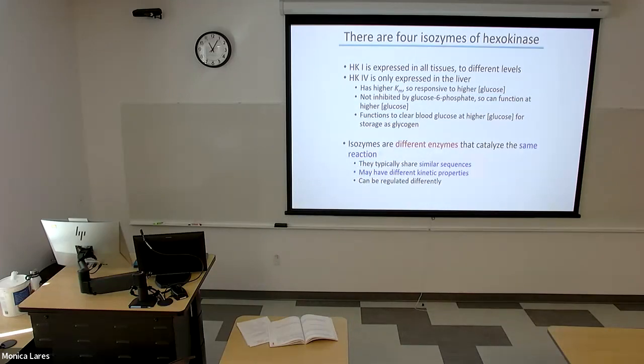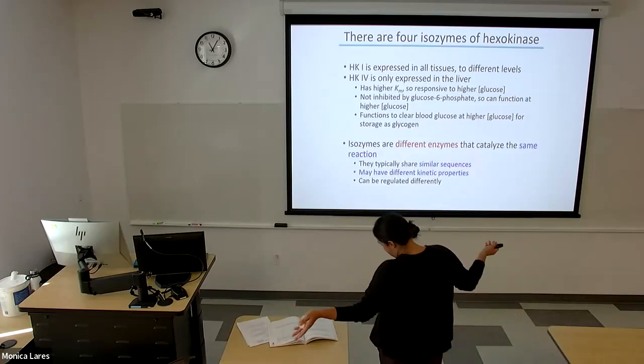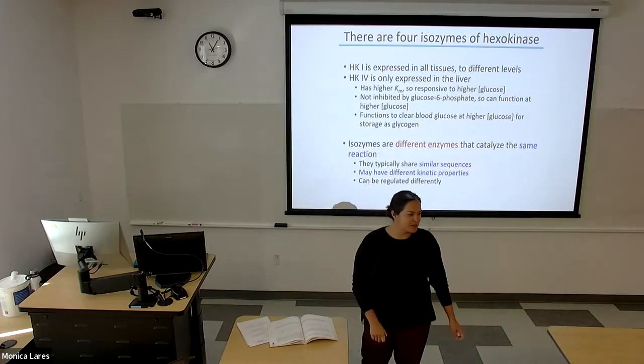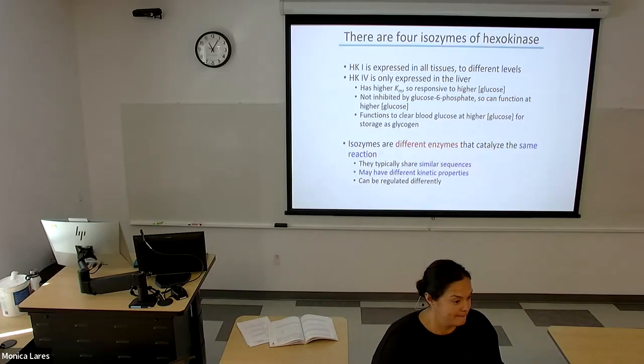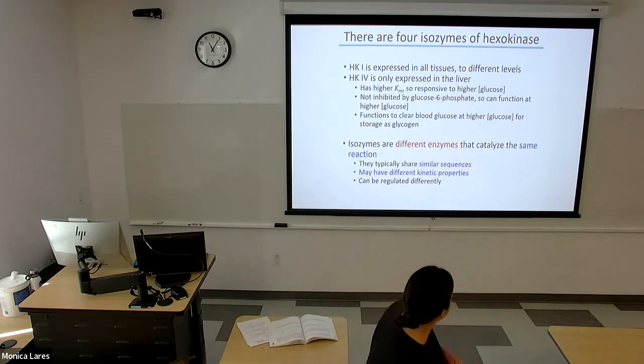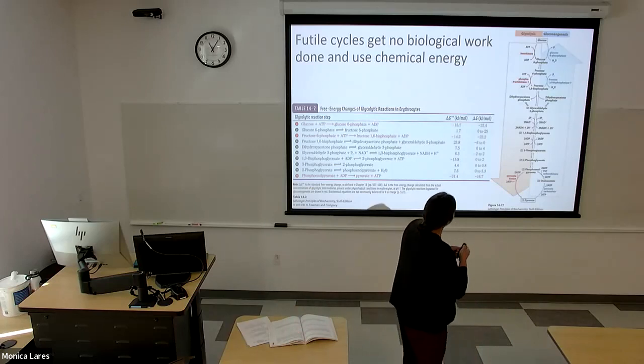Okay. It's not inhibited by glucose 6-phosphate. Why would hexokinase care about glucose 6-phosphate? What's the relationship between hexokinase and glucose 6-phosphate? Gluconeogenesis, okay. But when you think about hexokinase, remember, what does hexokinase do? Here it is right here.